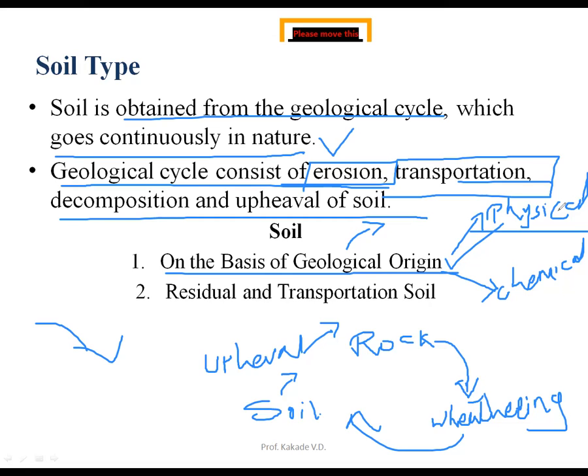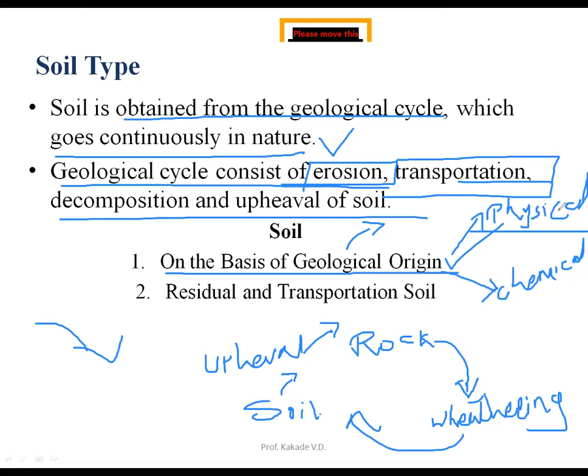Next, when the rock decomposes or erodes by physical means or by chemical means, both have different properties. Like if basalt is decomposed or eroded by physical forces, the property of the product will be different.